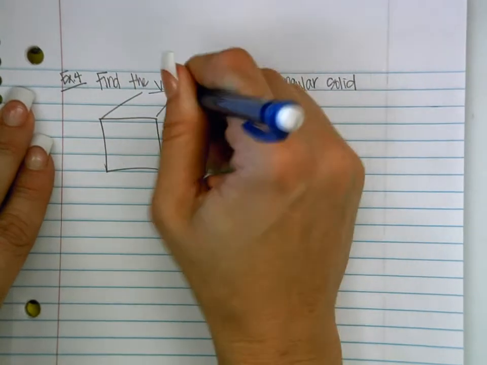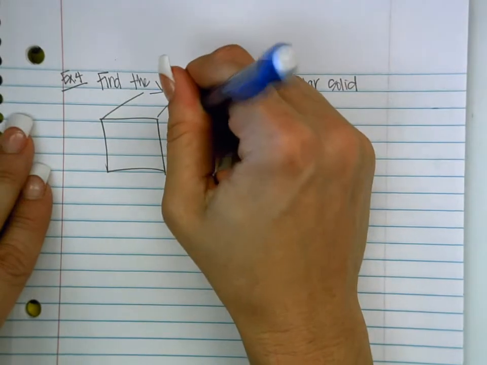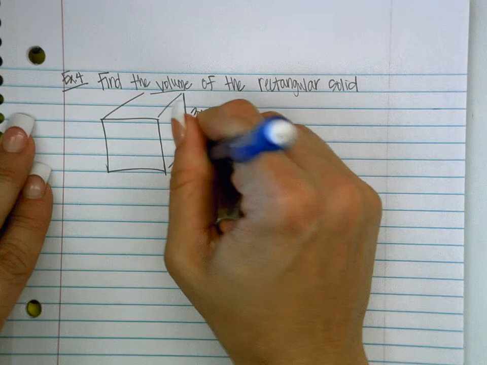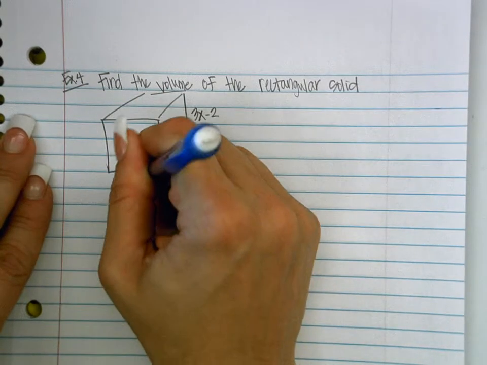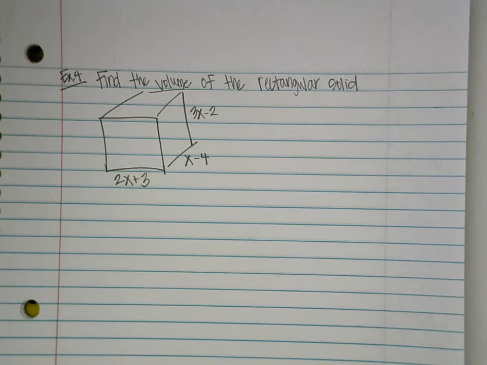I'm going to draw a cube, and my height is 3x minus 2. My depth is x minus 4, and my length is 2x plus 3. So, find the volume of the rectangular solid.